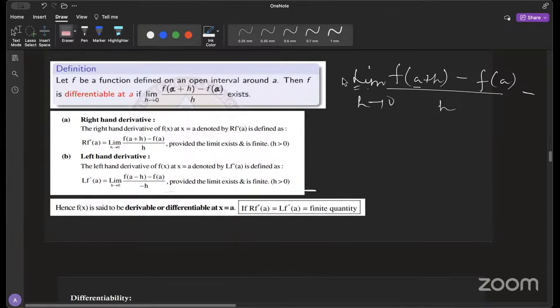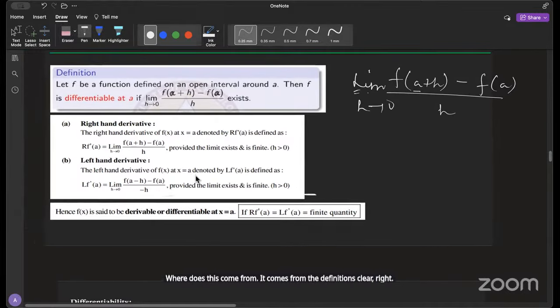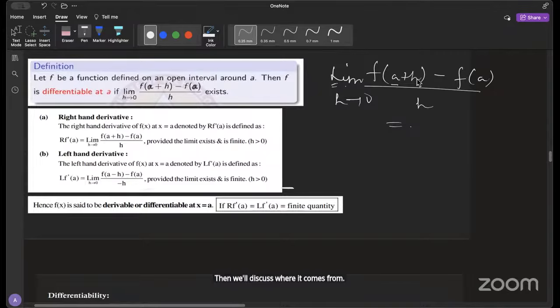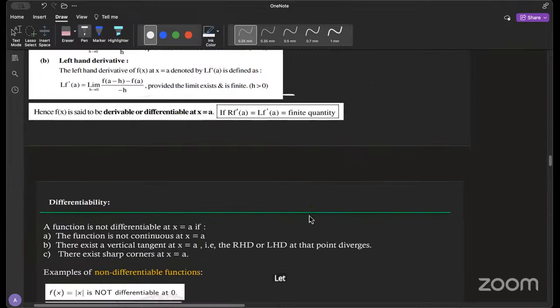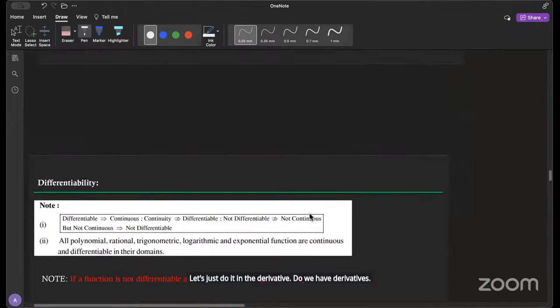So where does this come from? It comes from the definition of the derivative.